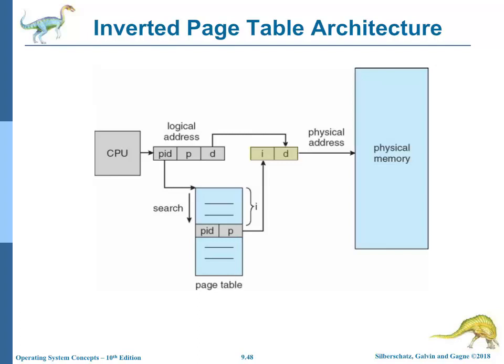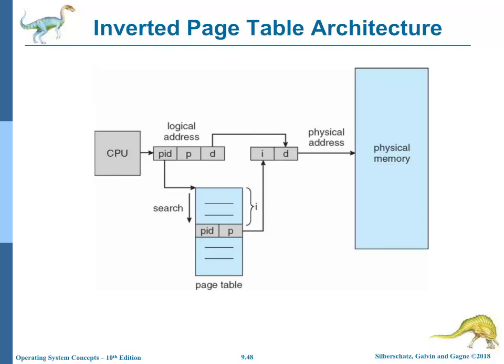If no match is found, then an illegal address access has been attempted. So an inverted page table has one entry for each real page of memory. Each entry consists of the virtual address of the page stored in that real memory location, with information about the process that owns the page.